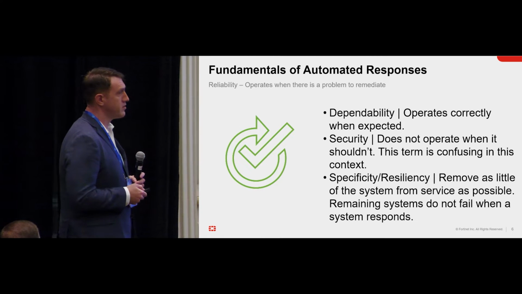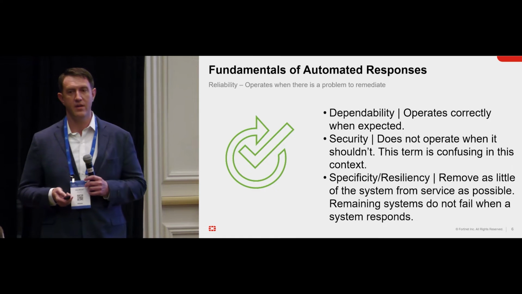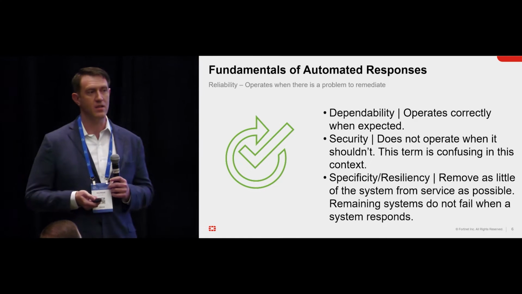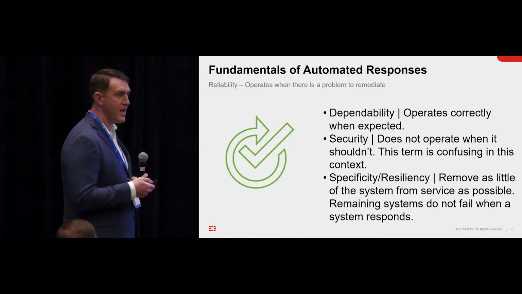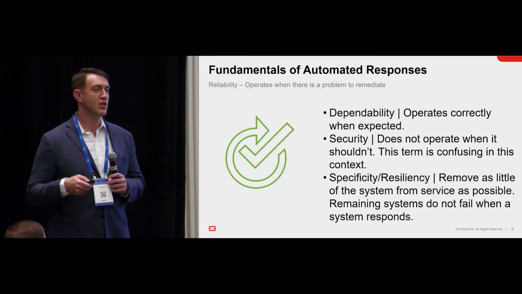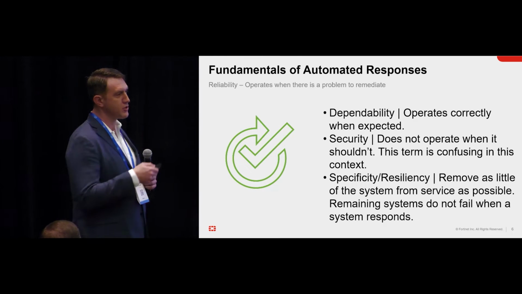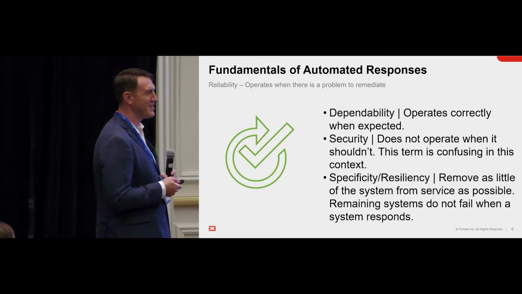And so what are some of the fundamentals of automated response? When we talk about reliability and systems operating automatically, what do we mean? In power, we talk about dependability, which means it operates correctly when it's supposed to operate. We talk about security, which I understand is confusing in this context.